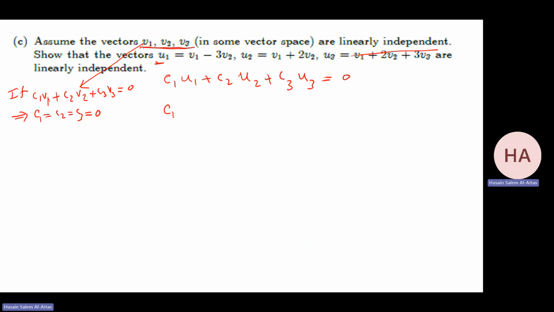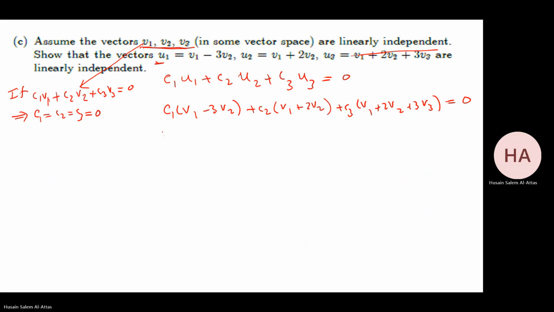So apply: C1 (V1 minus 3V2) plus C2 (V1 plus 2V2) plus C3 (V1 plus 2V2 plus 3V3) is equal to 0. Okay. Now, what is the coefficient of V1? V1 comes from where?